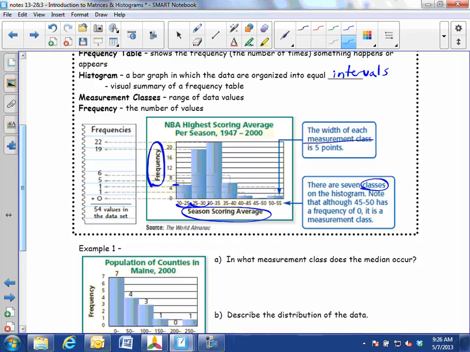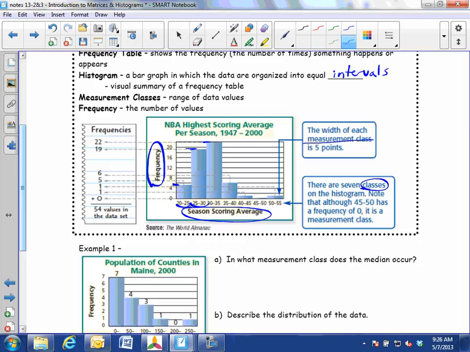Frequency is how many times, so we take how far the bar is above. This one is 5. This one would be about 19 or 18. This one is going by 2s, I think, 22. So the frequencies are just how many times it happens. If we add them all up, it's going to tell us how many seasons total are 13.